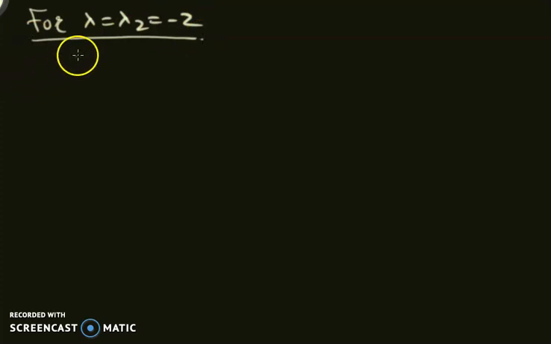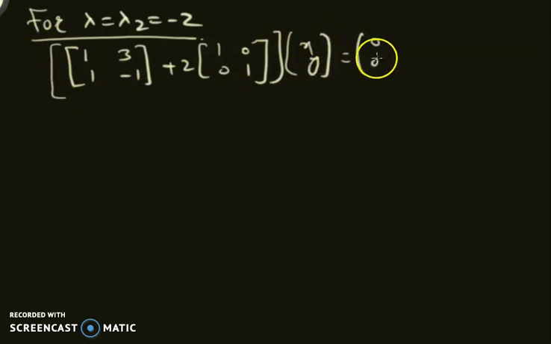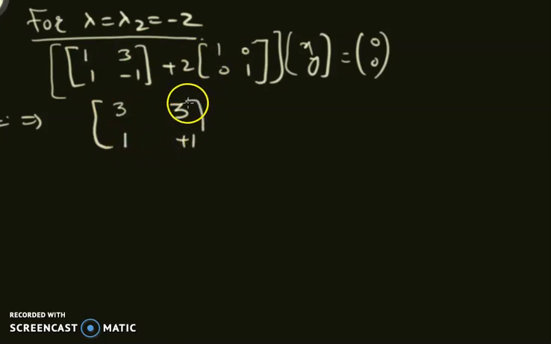And we again solve the same system, A minus lambda 2 I, which is [1 3; 1 -1] plus 2 times [1 0; 0 1], all operating on (x, y) equal to (0, 0). From here, this is 1 plus 2, this is 3, 3, and this is 1, and this is also plus 1.